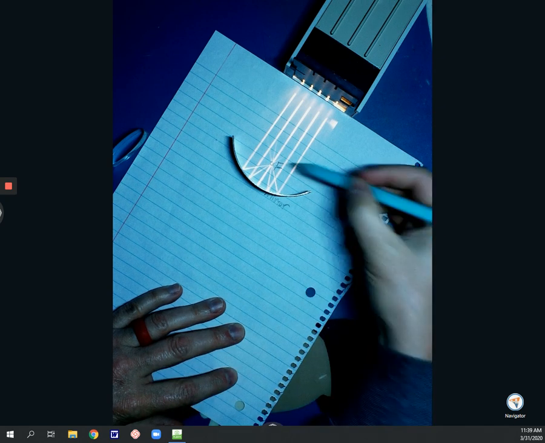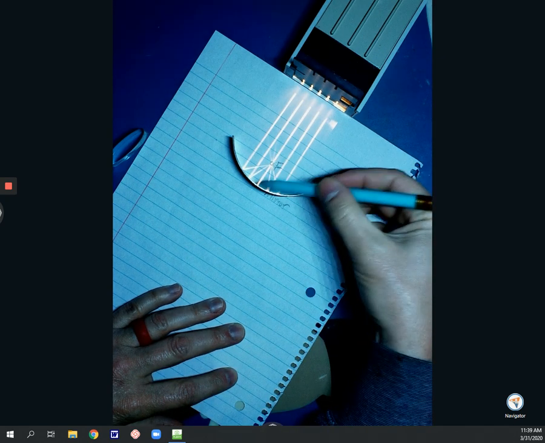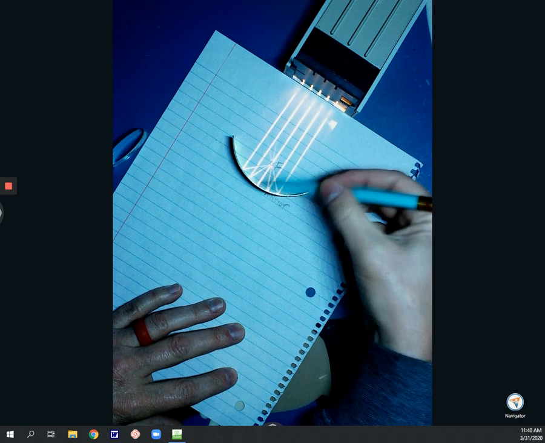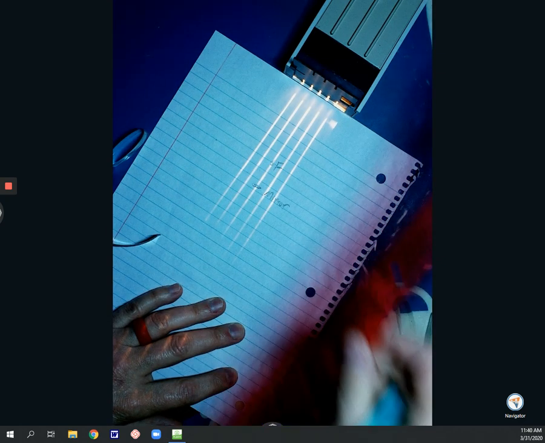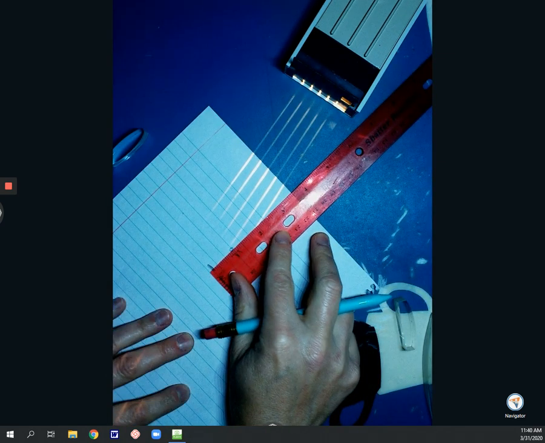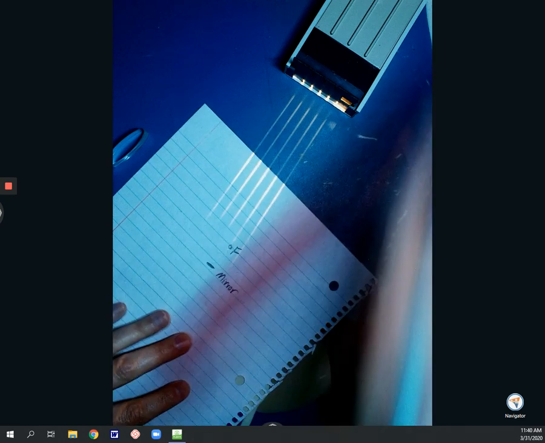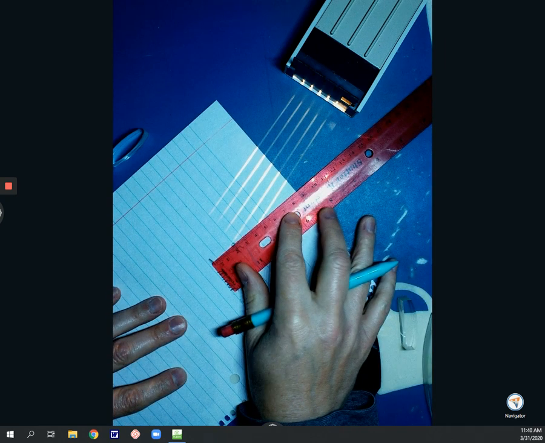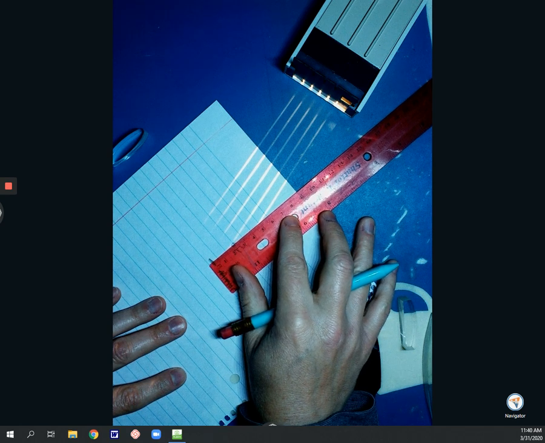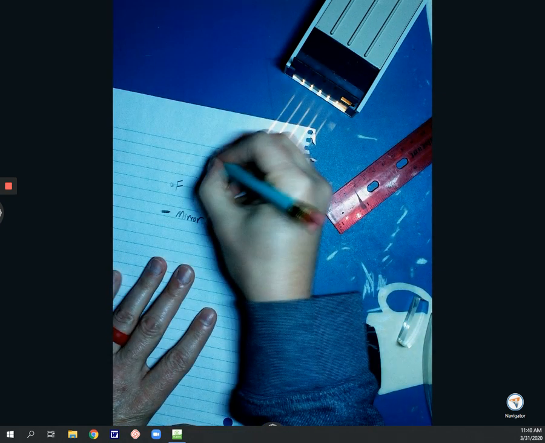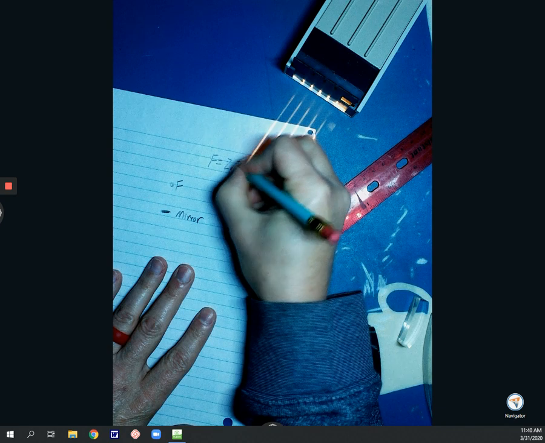So this distance from here to here, that is distance F. Now, if we were to measure that in centimeters, I'm getting about maybe 2.3 centimeters. So F equals 2.3 cm.